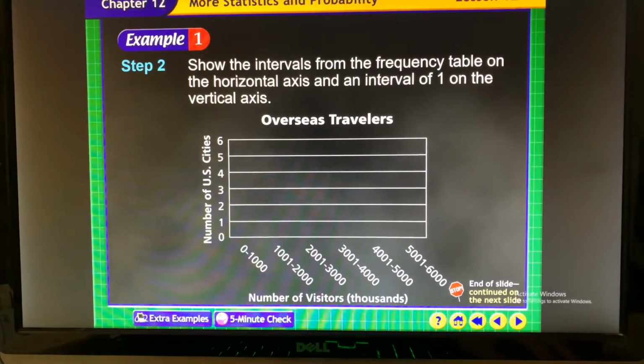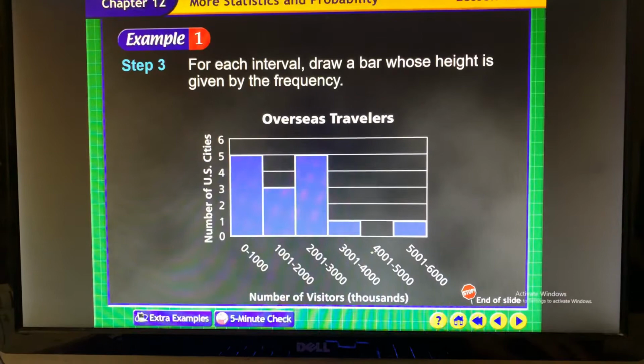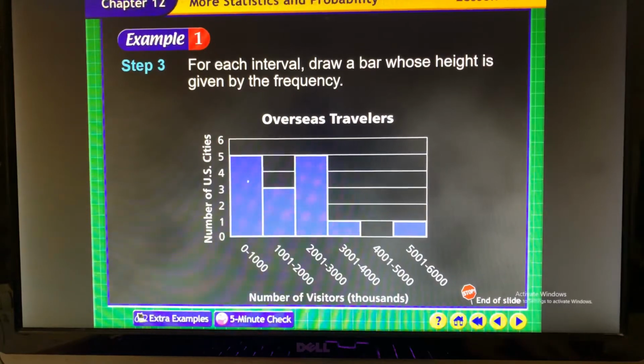When you graph this, remember the first interval, between 0 and 1,000,000, was 5 cities, and this one was 3 cities, and so on. So it looks like a bar graph. What's different is the intervals. What's different is the bars are touching; normally in a bar graph, they don't. Also, you stay flush to the y-axis.